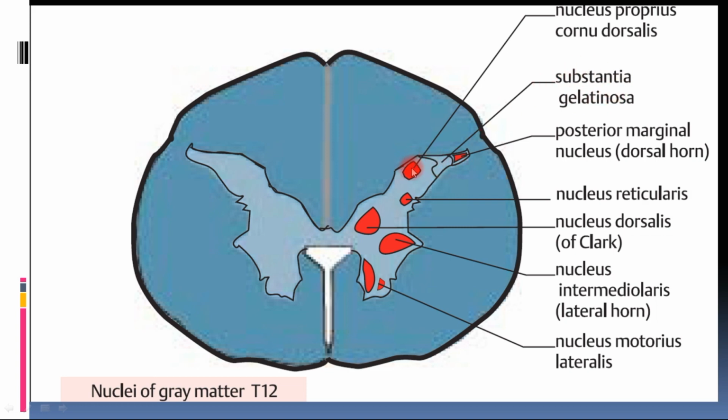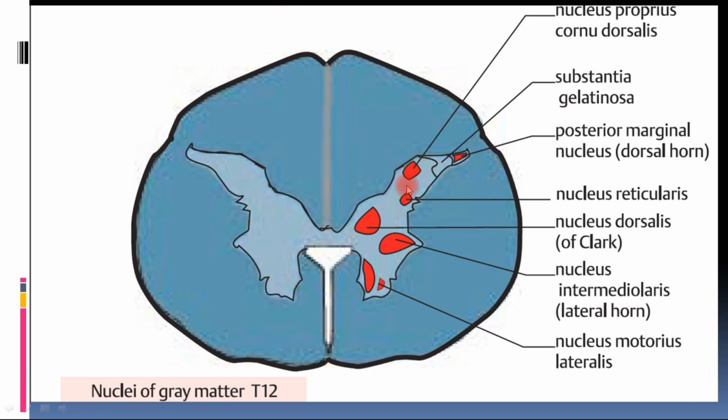Then occurs the nucleus proprius, which gives rise to various tracts that ascend in the spinal cord and carry sensation to the brain, especially the anterolateral pathway of sensation. The nucleus proprius is the one from where the neurons arise, cross to the opposite side, and then ascend in the case of the anterolateral pathway.